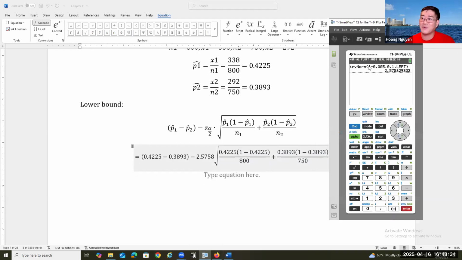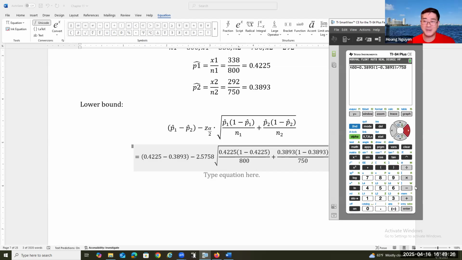Let's see if we can use a calculator to get the answer of this then. Okay, so we're going to get parenthesis 0.4225 take away 0.3893 minus 2.5758 times the square root of 0.4225 parenthesis 1 minus 0.4225 close the parenthesis divided by 800 plus now again 0.3893 parenthesis 1 minus 0.3893 close the parenthesis divided by 750.